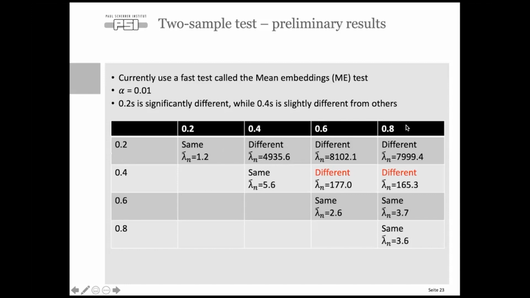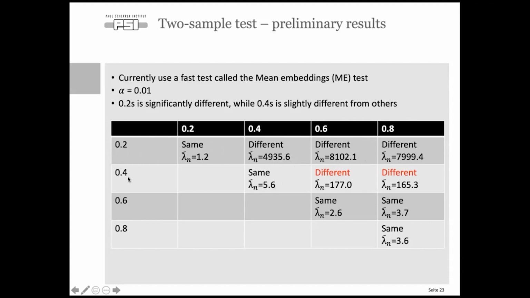And if we go further into the past to test 0.2 seconds versus 0.6 and 0.8, we see that our test statistic increases more, so that we can confidently say that the 0.2 seconds data is really different from all the others.